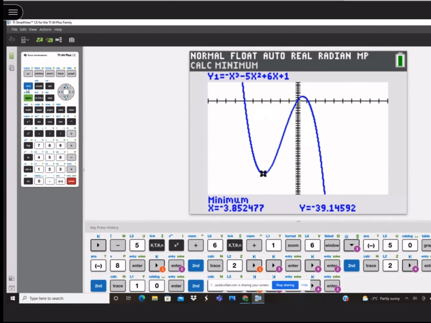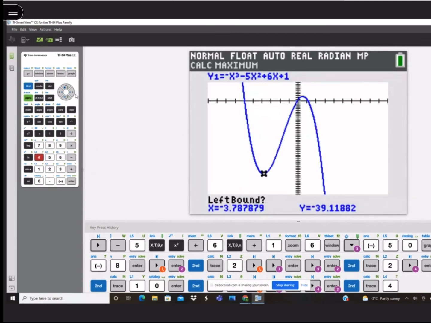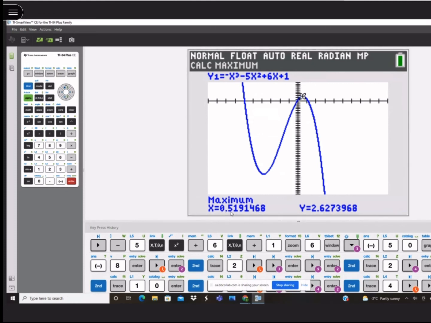Now to find that maximum, second calculate, we have option 4 for a maximum. And we want to move your cursor to sandwich that maximum point. So enter, move further to the right, we hit enter, we've sandwiched that maximum, and the guess we take is 0.5. So again, make note of that coordinate, 0.5 for an x value, and roughly 2.6 for your y value.